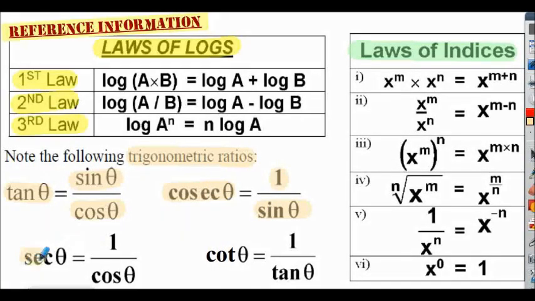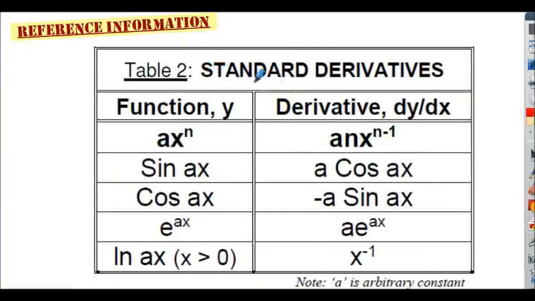Secant theta or sec theta is the reciprocal of cos theta. And cotangent theta or cot theta is the reciprocal of tan theta. We'll be referring to some of these ratios within the following problems. And here's also our standard derivative table. Again, we refer to this within some of these solutions.